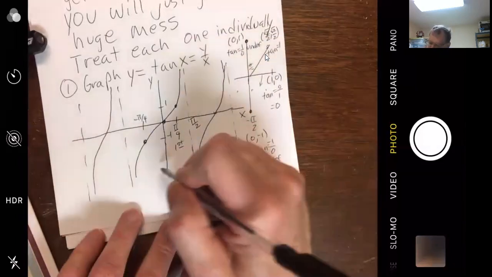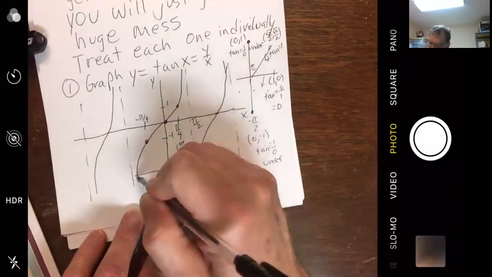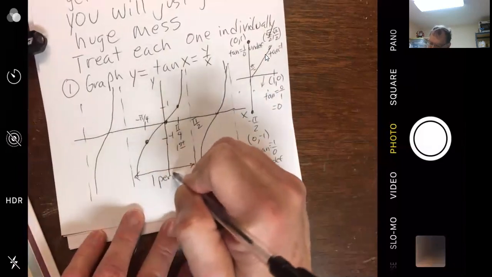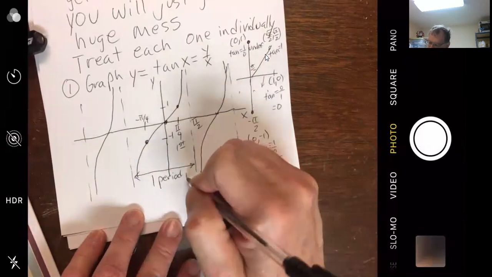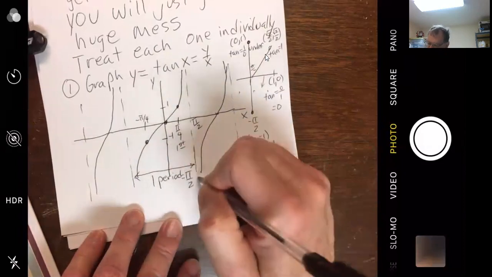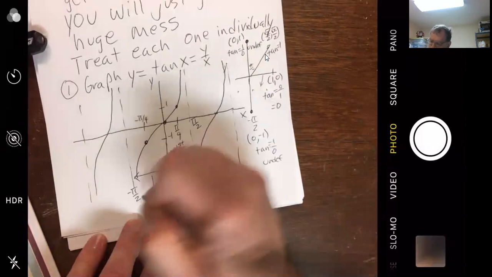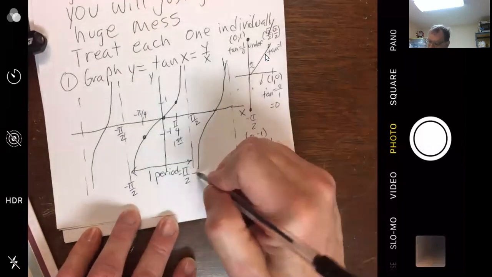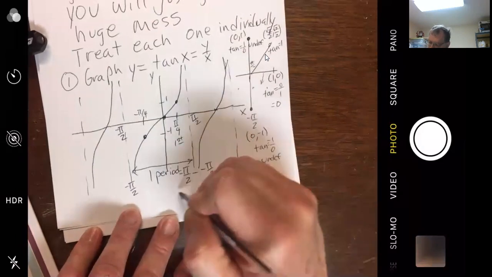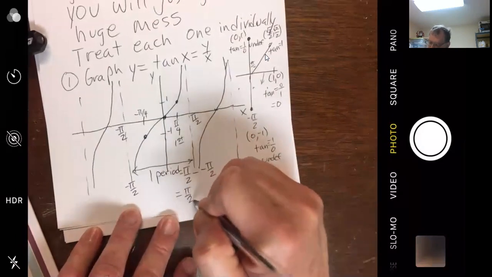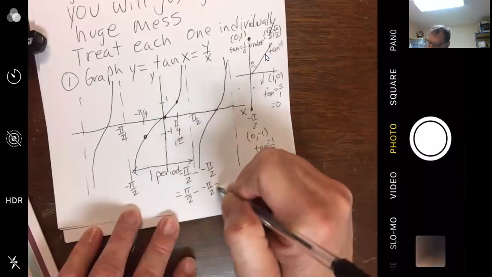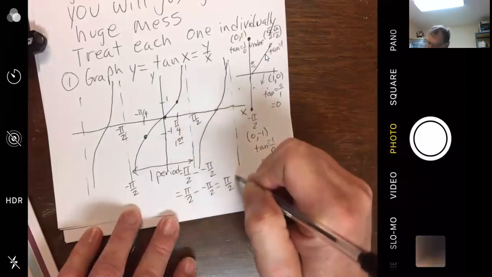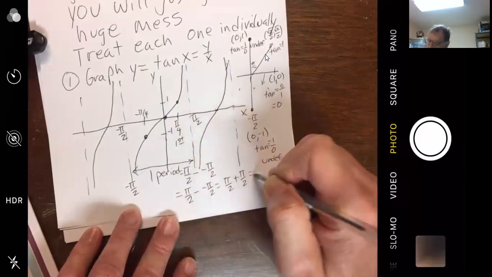Now, here's the important difference. This is one period. You can do it from pi over 2 minus negative pi over 2. Well, pi over 2 minus negative pi over 2 is half pi plus half pi, which is pi.